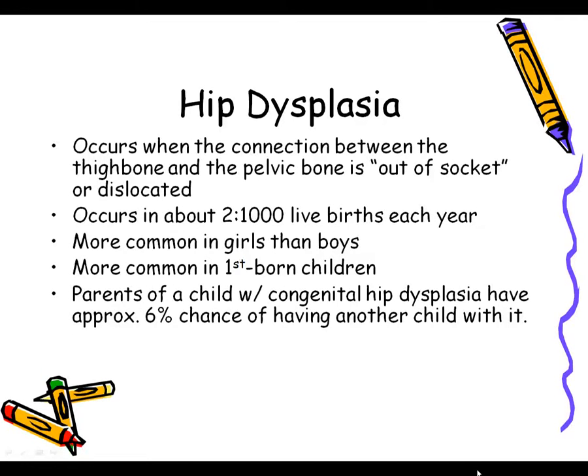Hip dysplasia, and it's due to a combination of environmental factors such as breech position and genetic factors. The assessment is Ortolani's sign or maneuvers, and I'll show you the next slide in a minute. The treatment, you're going to try to position the hip into a flexed, abducted position to place the head of the femur against the acetabulum and cause it to deepen its contour by the pressure to go back into the socket.